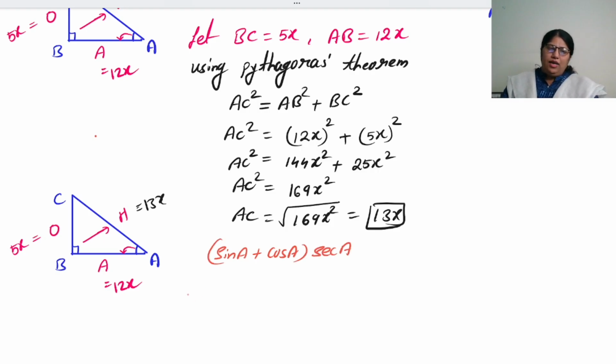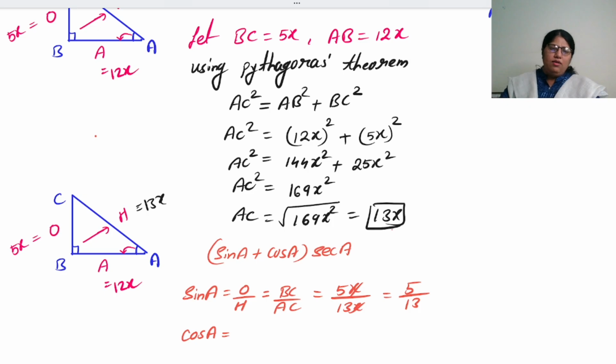So first thing, what is sine A? SOH, so opposite by hypotenuse. What is the side opposite to angle A? It is BC by AC, which is BC length 5x by AC length 13x, so it is 5 by 13. After that, if I calculate cos A, it is CAH.